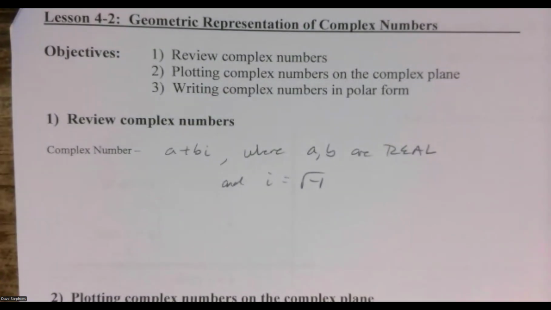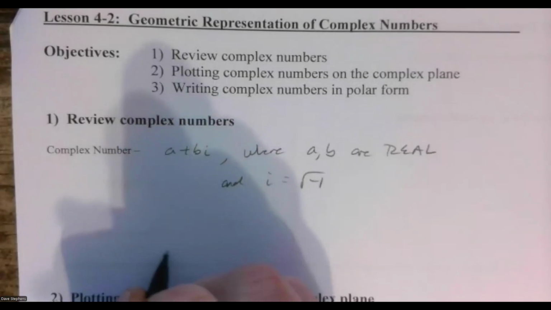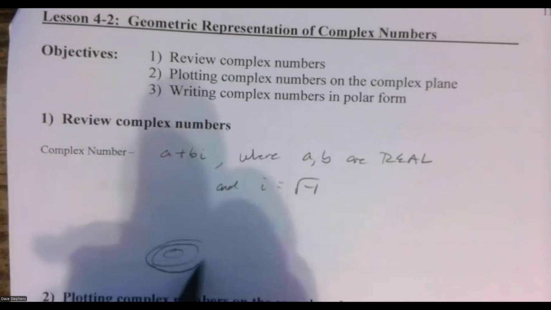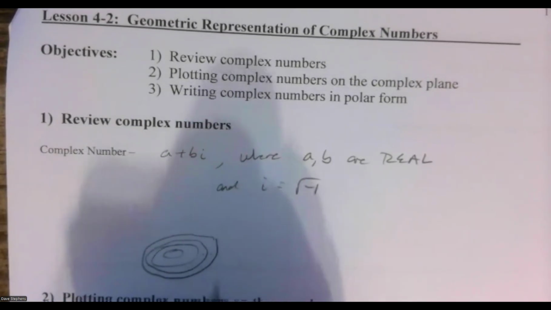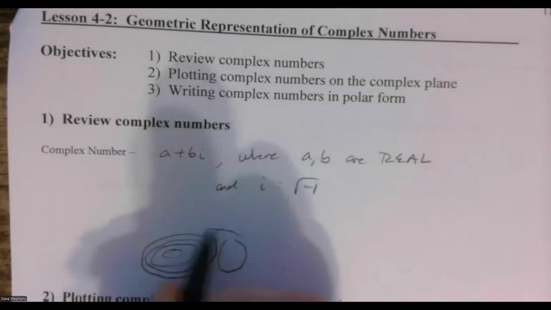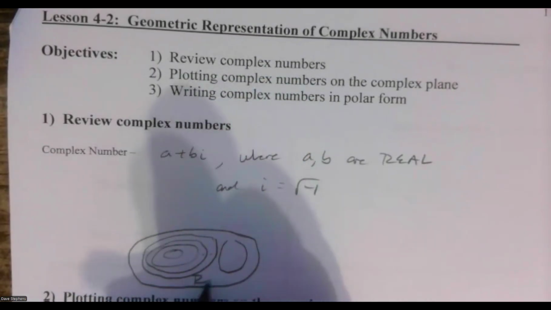All right, so what that essentially says, if you think about the natural numbers, the whole numbers, the integers and rationals, and we have the irrational numbers, and all of this is real. Everything in here is real.